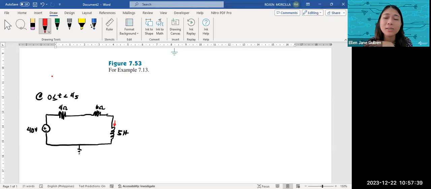Okay, but at this moment, we only have 0 to 4 seconds, so we will need to find the general equation of the current in the inductor between this time. Okay. So looking at this circuit, we should be able to analyze that yes, this one is an RL circuit with a 40 volts source.